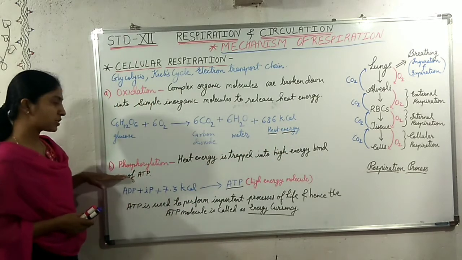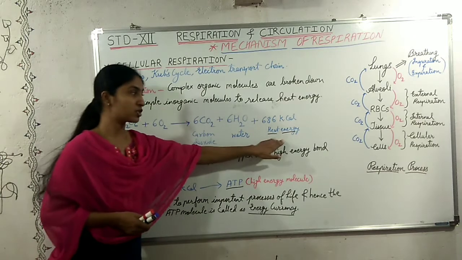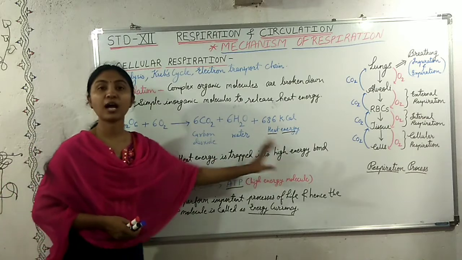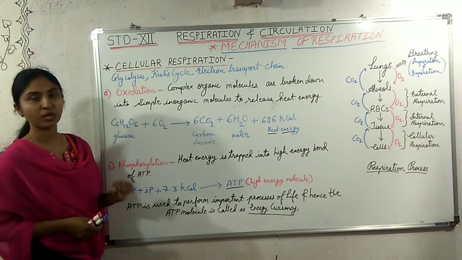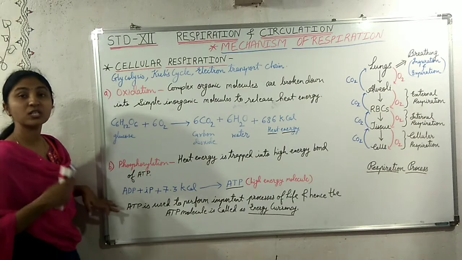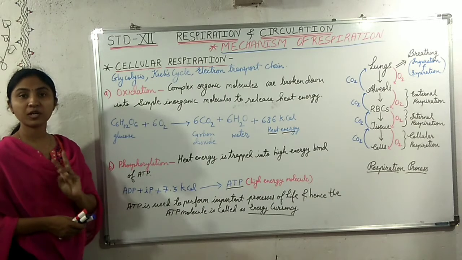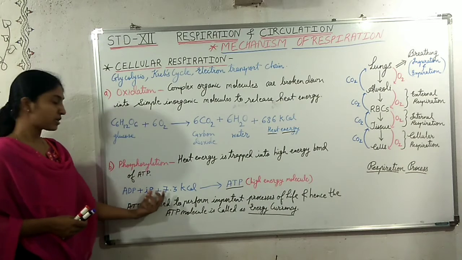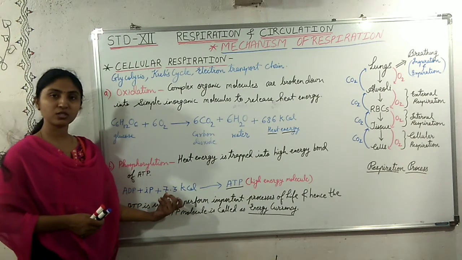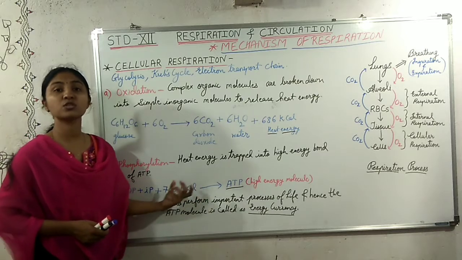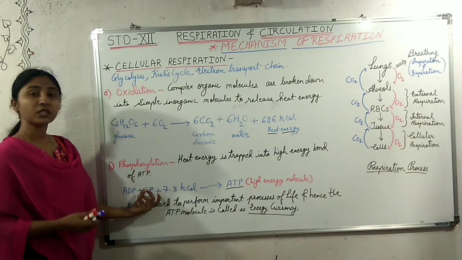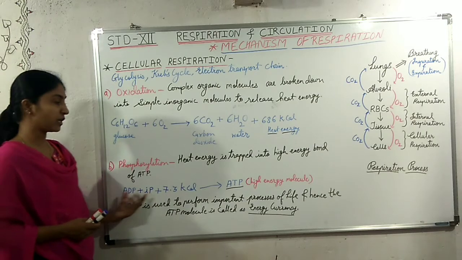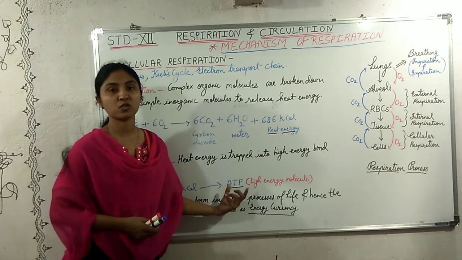And in phosphorylation, what happens? The heat energy which was given out in the oxidation process is trapped into the high energy bond of ATP molecules. ADP, adenosine diphosphate, has 2 phosphate molecules, and one more phosphate molecule is added, using 7.3 kilocalories of energy, to form adenosine triphosphate, that is ATP.